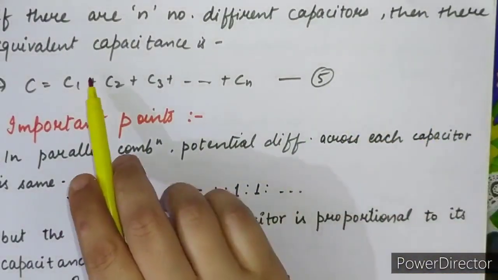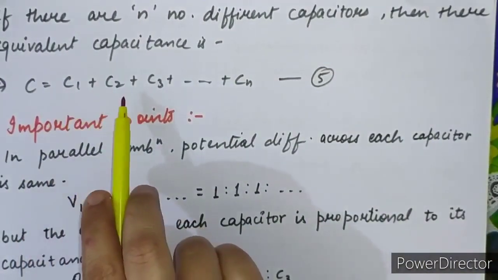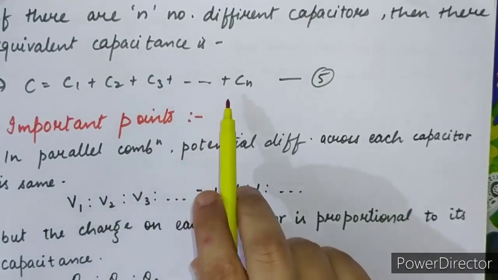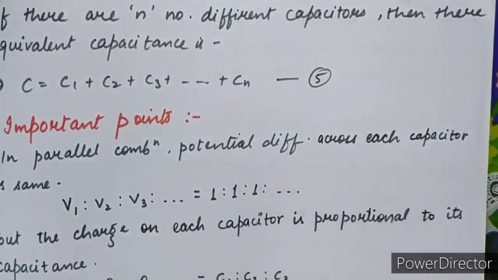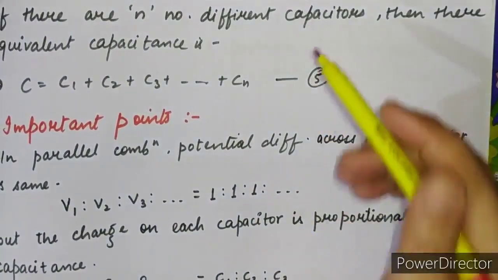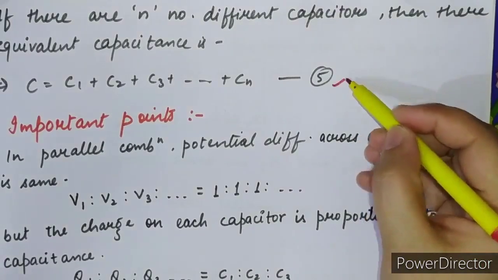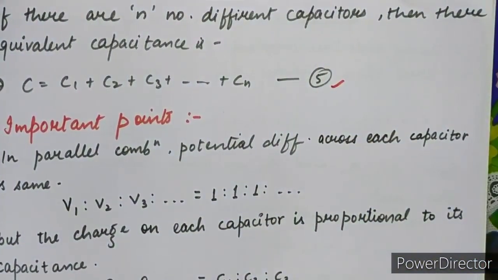Then their equivalent capacitance is simply C equals C1 plus C2 plus C3, and so on up to Cn, the last one, depending on how many capacitors are connected in parallel. So this is equation number 5, for different numbers of capacitors connected in a parallel combination.